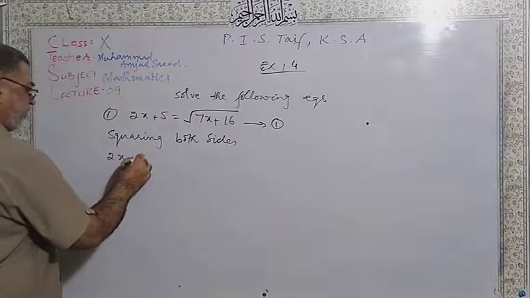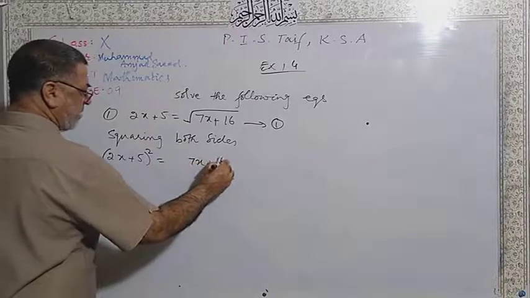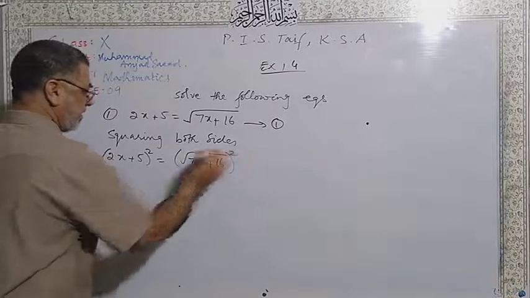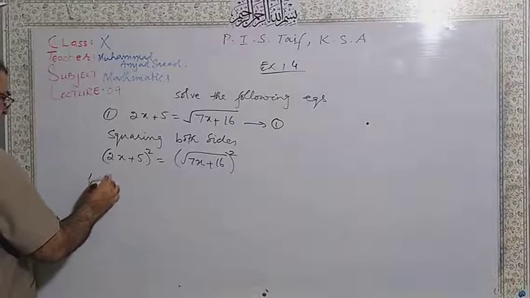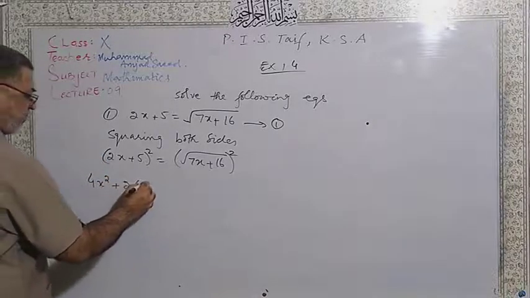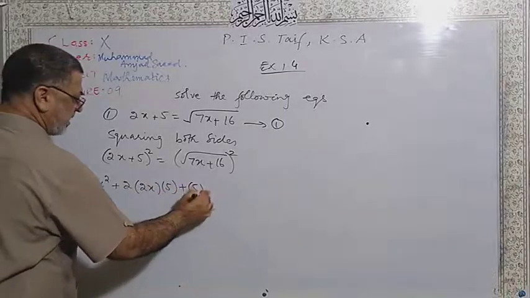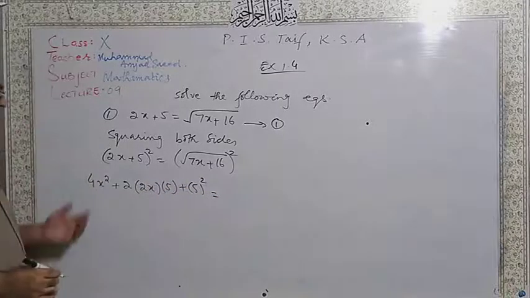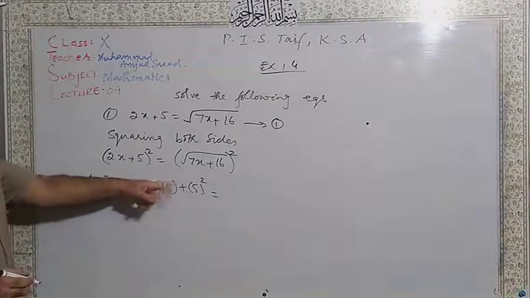(2x plus 5) whole square is equal to (the square root of 7x plus 16) whole square. Open up the formula of square: first square plus 2 into first into second plus second square.